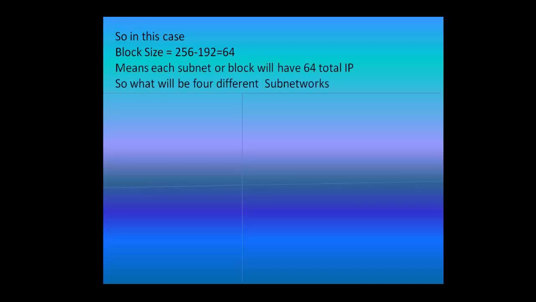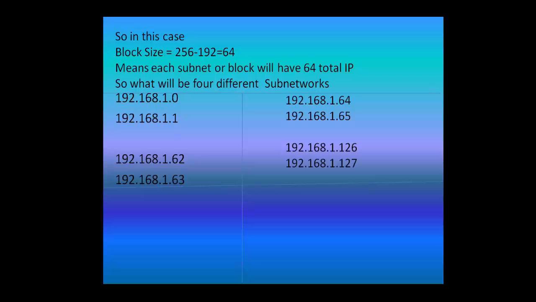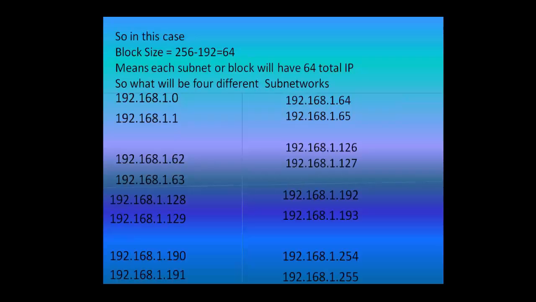Look here, 1, 2, so now we have the 4 blocks. Network ID, network ID, network ID, network ID.